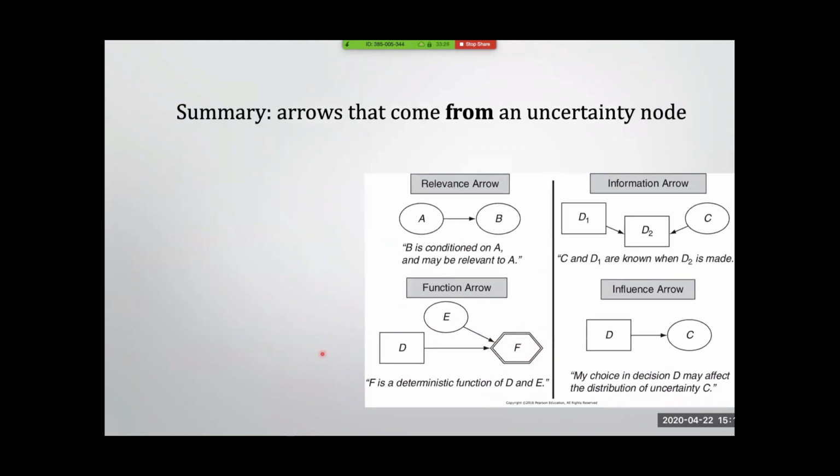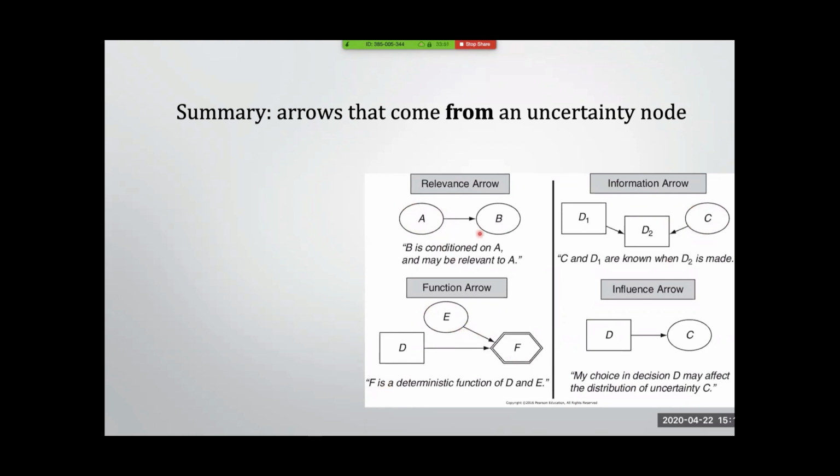Here I want to make a quick summary about how to differentiate the arrows that come from an uncertain node. Say over here, this arrow comes from an uncertain node. This arrow comes from an uncertain node. This arrow also comes from an uncertain node.